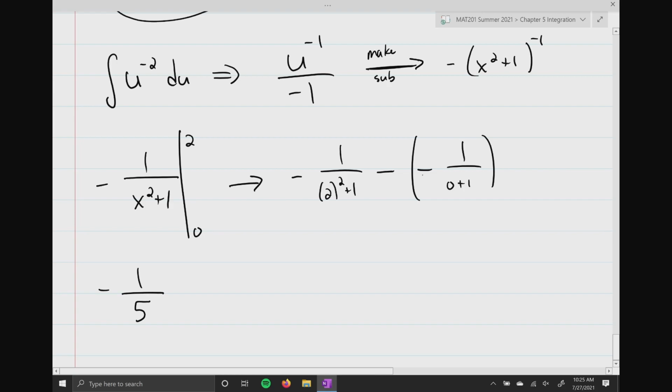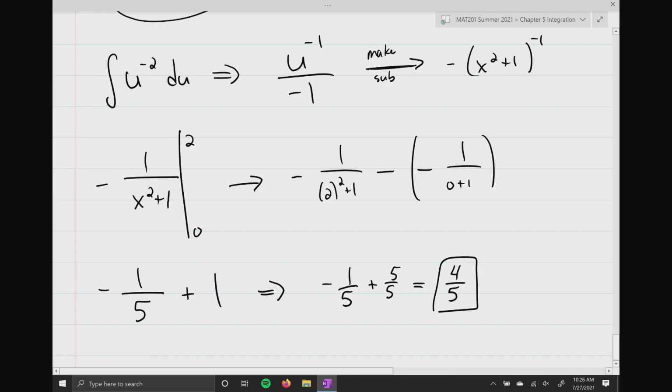Negative and a negative back to back, we know make it a positive. 1 over 1 is 1. So this is just nothing more than just negative 1/5 plus 5 over 5, which equals 4 over 5. Okay? So that is how you use U substitution with definite integrals.